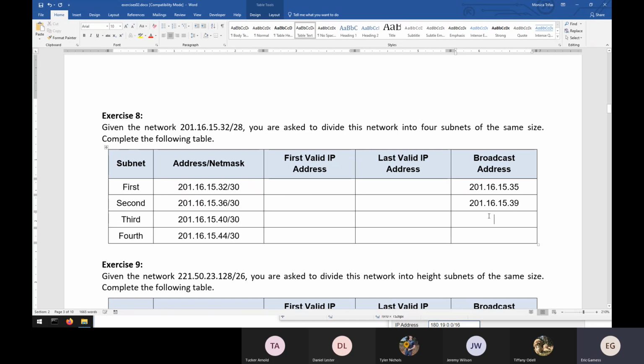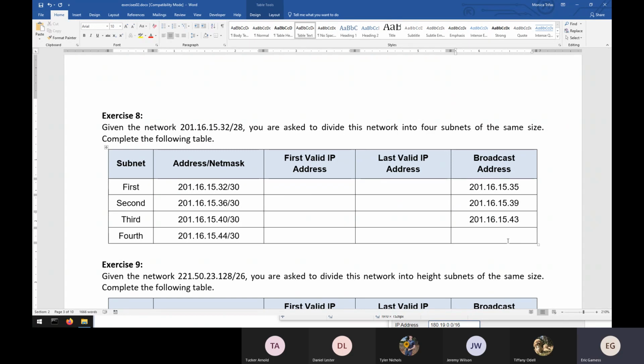Okay, what is the broadcast address of the third network? So if the fourth network starts in 44, this one has to end in 43. So 201.16.15.43. What will be the last broadcast address? So we can compute what will be the next subnet. 44 plus 4 will be 48.